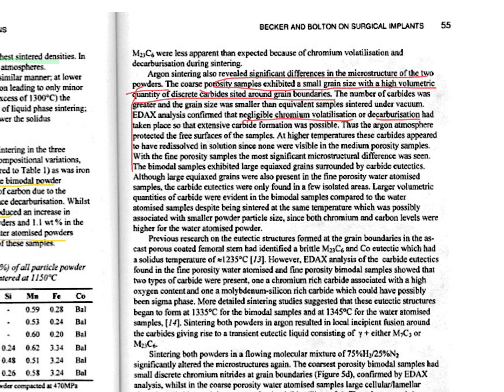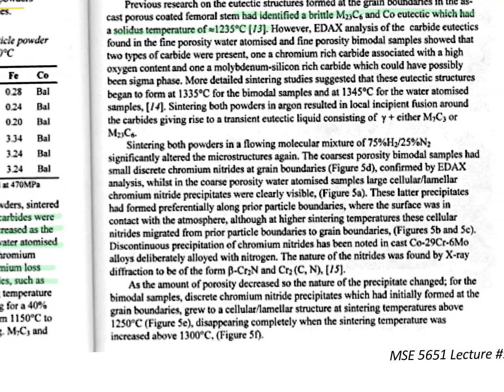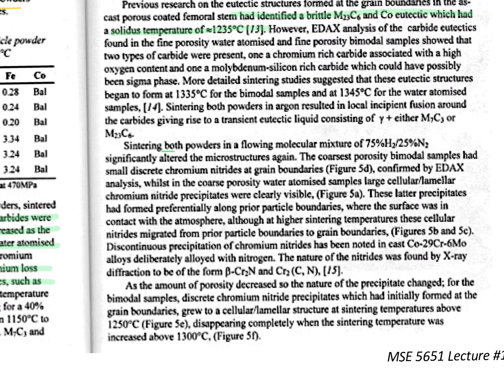And here they talk about the fact that you have these different eutectics that can form. We're not going to go into that. But obviously, the amount of these carbides left behind can control the properties. And then, as it says here, sintering under flowing molecular mixtures significantly alters the microstructures again. All right.